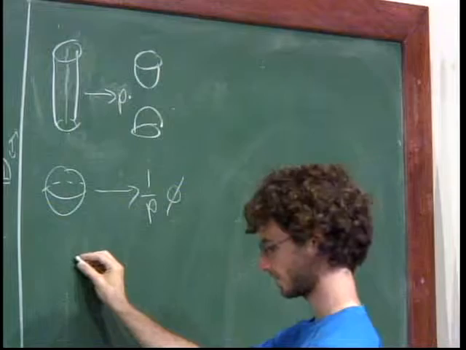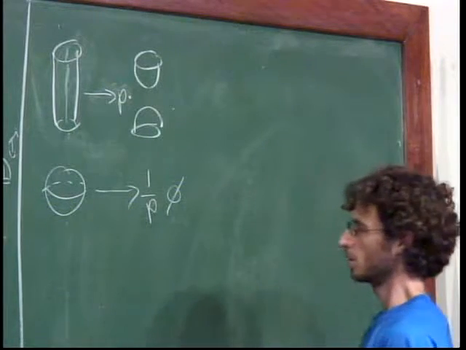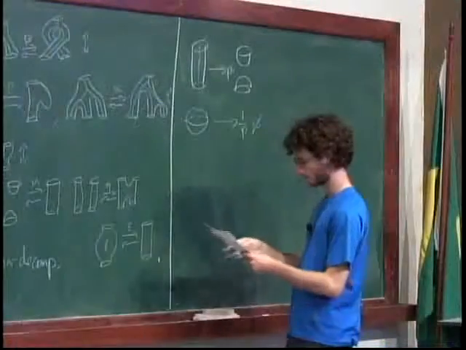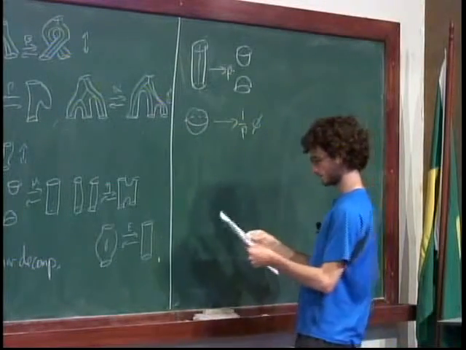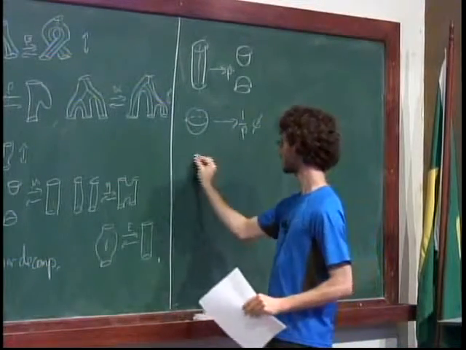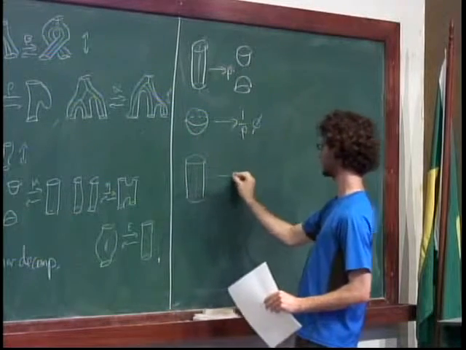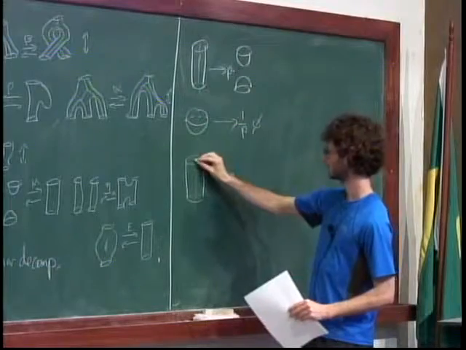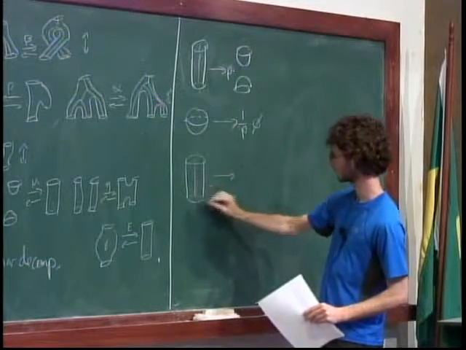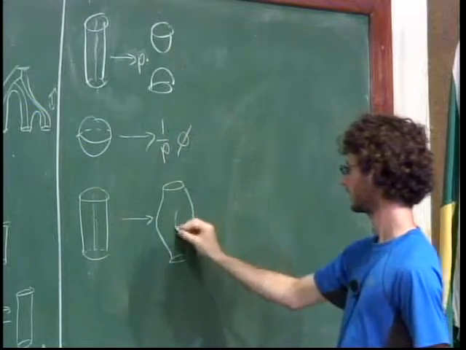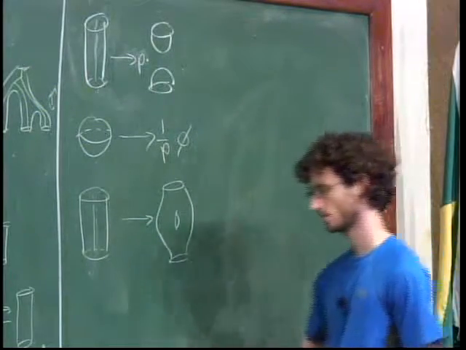So if I have a, okay, I need to tell you what, say, epsilon op is. So if I start with this cylinder and I have some string running through it, and then I try to punch a hole in that cylinder, what happens?